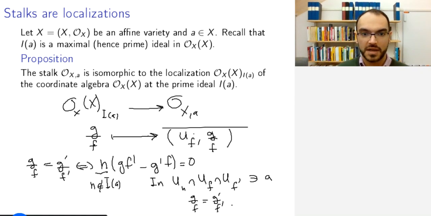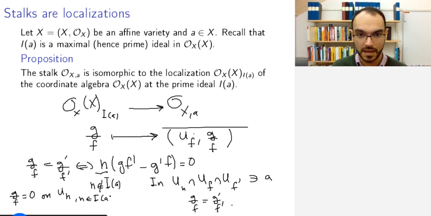So in this case you assume that g divided by f defines the zero function on some open neighborhood of A. Because all open sets are unions of principal open sets, you can shrink this to a principal open set. So assume that this is 0 on some open set defined by h, with again h not in I(A).